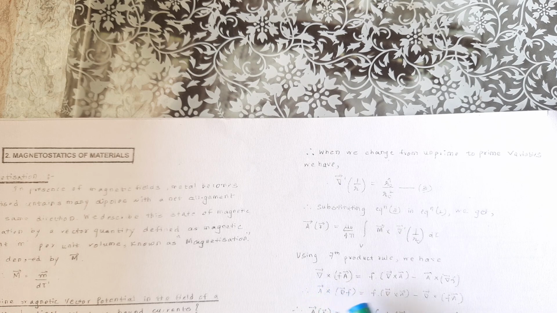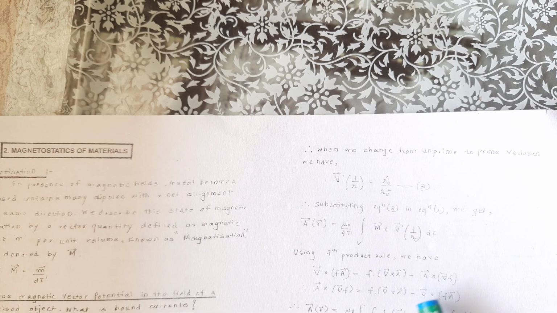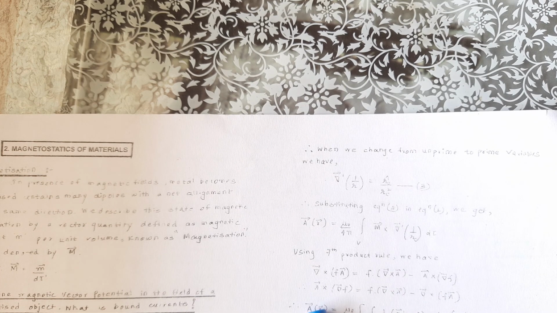Using the product rule, we have del bar cross f A bar is equal to f curl of A bar minus A bar dot curl of del f bar. So A bar cross del of f is equal to f curl of A bar minus del bar cross f A bar.